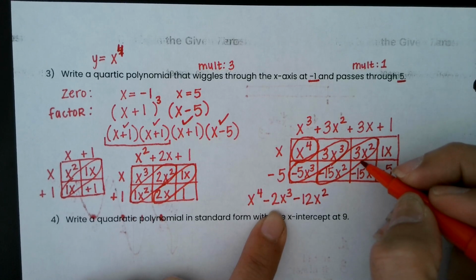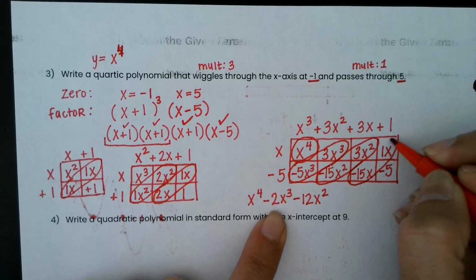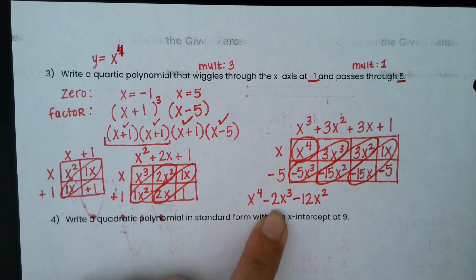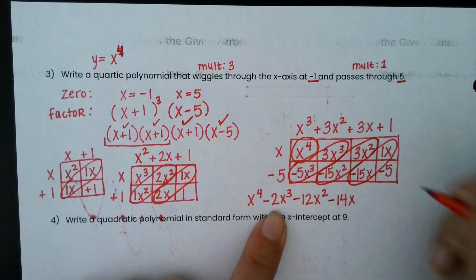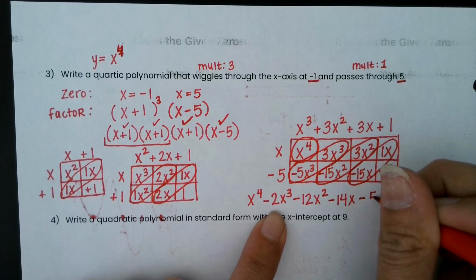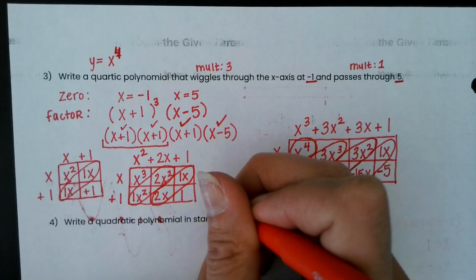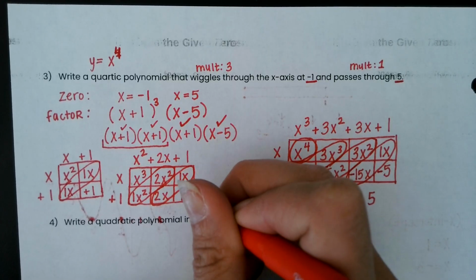Negative 15 and positive 1 is negative 14x. And last but not least, the negative 5 hangs off the end. This is your whole equation.